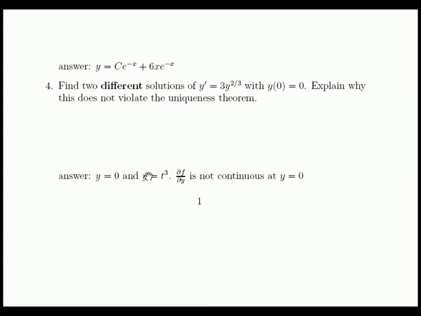You can easily check that there are 2 different solutions, and surprisingly exactly 2, not an infinite number. y equals constant 0 is obviously a solution because the derivative of 0 is 0 and 0 to the 2/3 is 0, so it satisfies the differential equation, and y of anything is 0, so it satisfies the initial condition. But so does the function t cubed, because what is y prime?